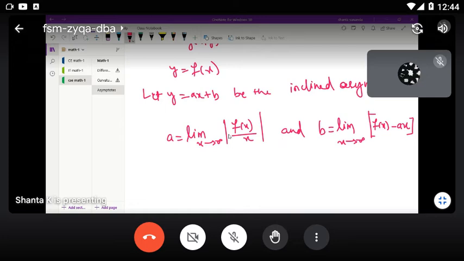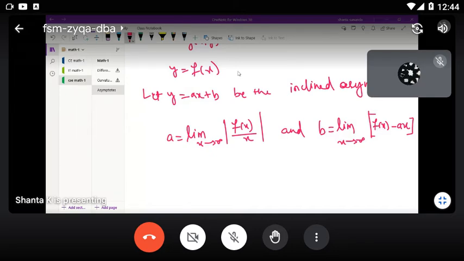For a we have the modulus sign, and for b we don't have the modulus sign. So if you want to find the inclined asymptote, you can consider it like this.